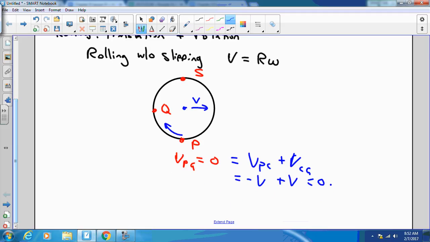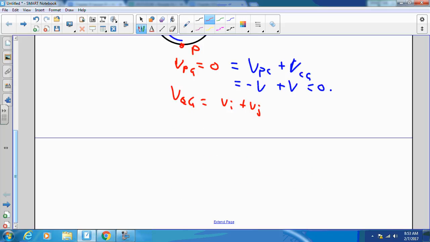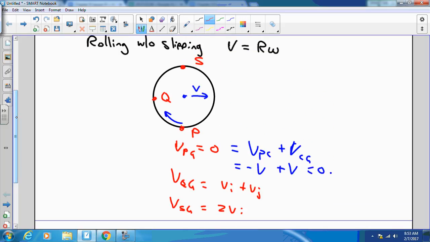Whereas the velocity of point Q relative to the ground is going to be v in the i direction because of the translation, plus v in the j direction because of the rotation. And finally, the velocity of point S relative to the ground is going to be v in the i direction because of the translation, and v in the i direction again because of the rotation.